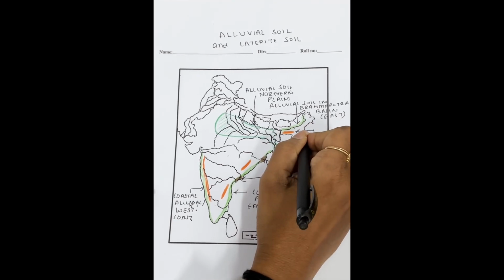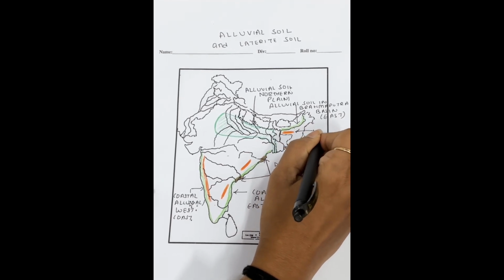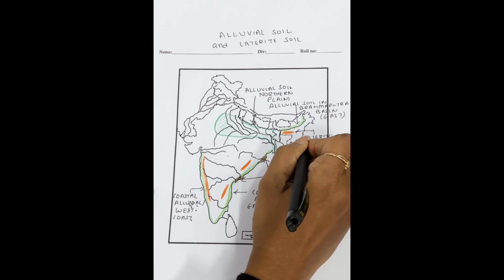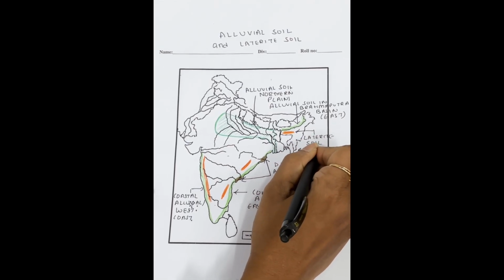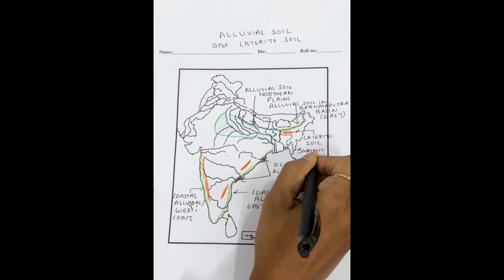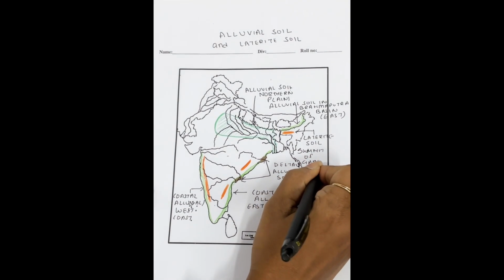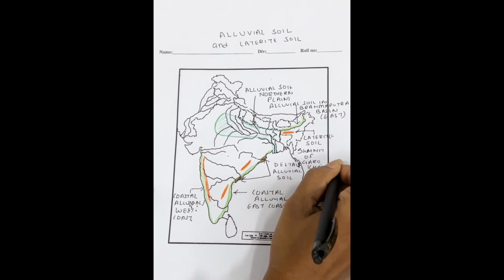So this is our laterite soil on summit of Garo, Khasi and Jaintia.